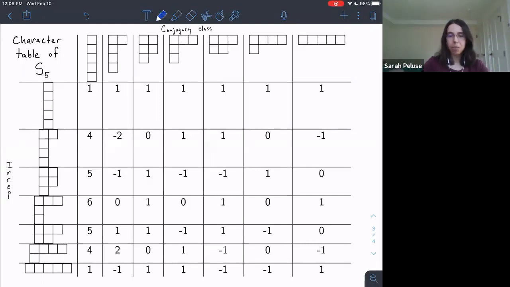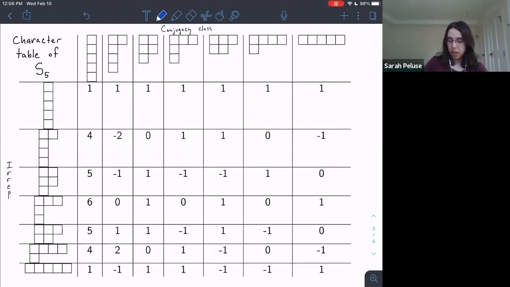One important thing to note is that all of these entries appearing are integers. And this is a special property. This is not true for most character tables of finite groups. For example, if you take any abelian group that's not Z2 to some power, then you're definitely not going to get all integers in the character table.